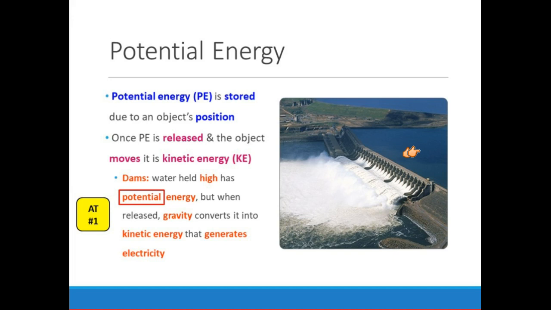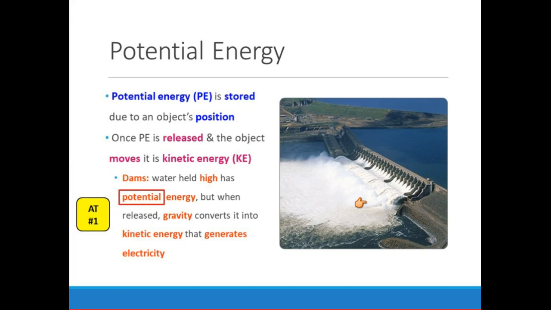And as it's being held high up, that means it has a lot of potential energy, because it's got a lot of height. But when it gets released through the dam, gravity is going to pull that down, and it's going to begin to convert it into kinetic energy, meaning it's going to begin to move. And as it moves through the dam, it's able to generate electricity.